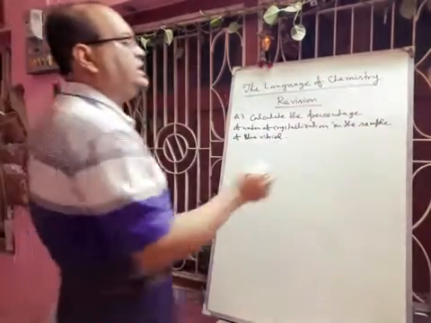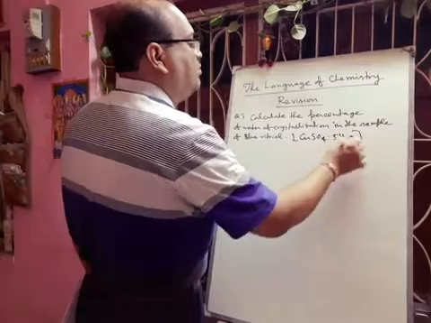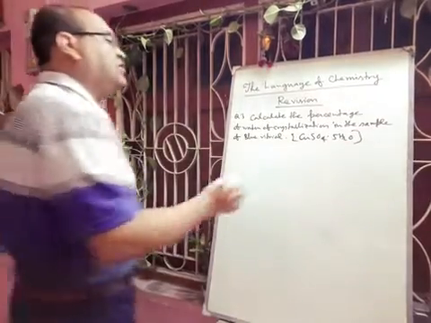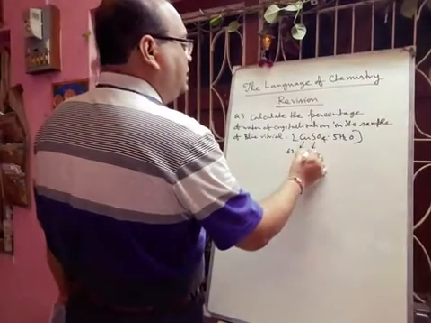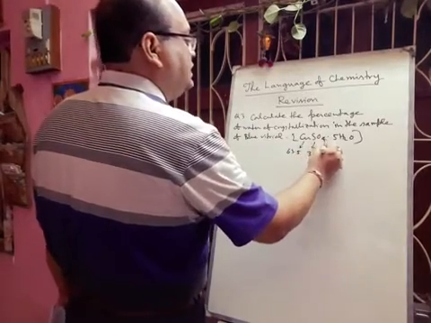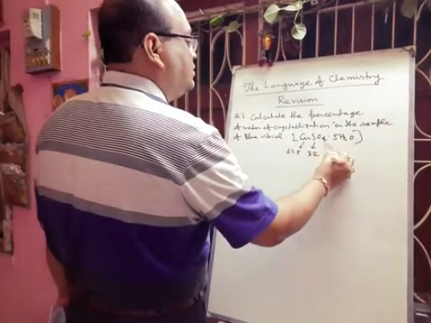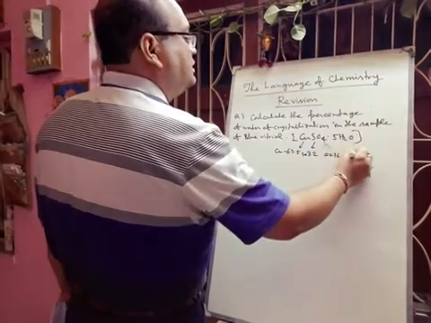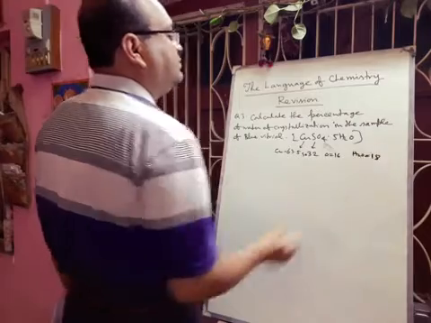Blue vitriol is CuSO4 dot 5H2O. So this is the formula of blue vitriol. Now the atomic mass of copper is 63.5, sulfur is 32, oxygen is 16, and water is 18.